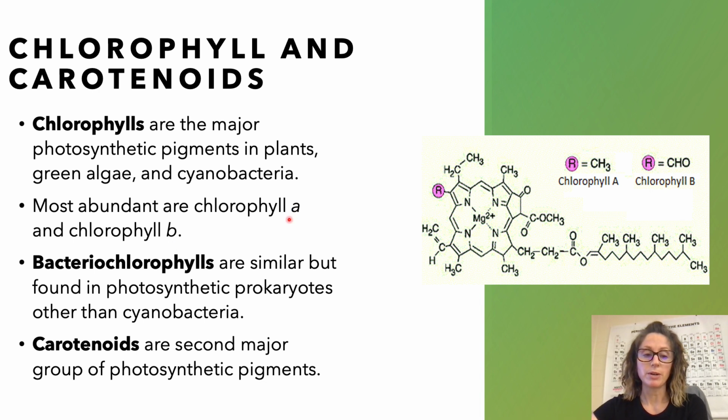We also have bacteriochlorophylls. These are similar to plant chlorophylls, but they're found in photosynthetic prokaryotes other than cyanobacteria. And then we have carotenoids. These are a second major group of photosynthetic pigments. We are familiar with maybe them being orange, as found in carrots.